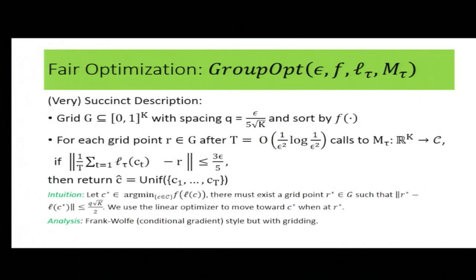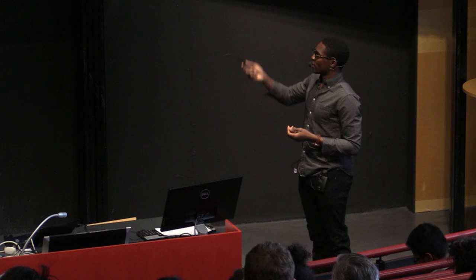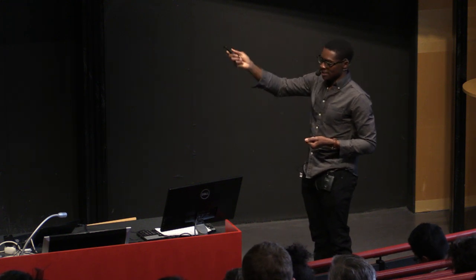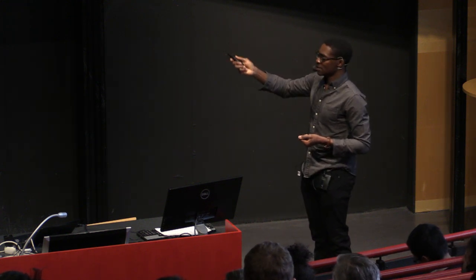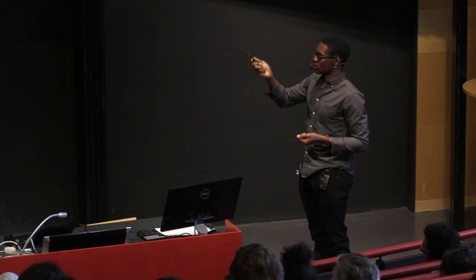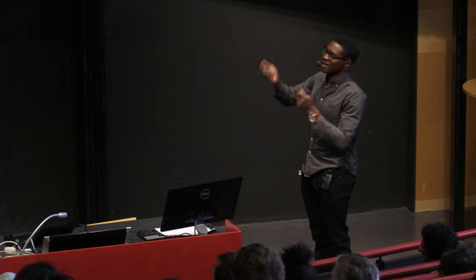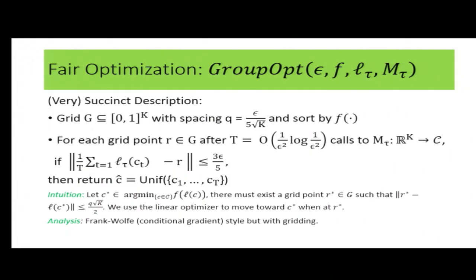And then once we reach a certain range, we return a classifier that's uniformly chosen amongst all the classifiers we've chosen so far. And the intuition is that after we grid the space, for the best classifier C star, there must exist some grid point R star, which is close to C star. And so we just try to find that R star which is close to C star, and then use the linear optimizer to reach that goal.